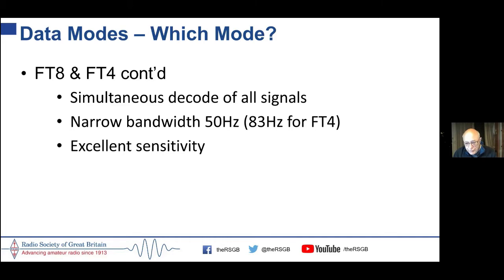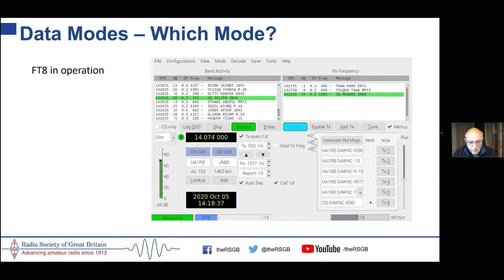The sensitivity is excellent. The way that sensitivity is specified is a bit confusing to people, because you will see signals rated as being 20 dB below the noise. Well, they're 20 dB below the noise in a 3 kHz speech channel. They're not 20 dB below the noise in their own channel, otherwise they wouldn't be able to decode them.